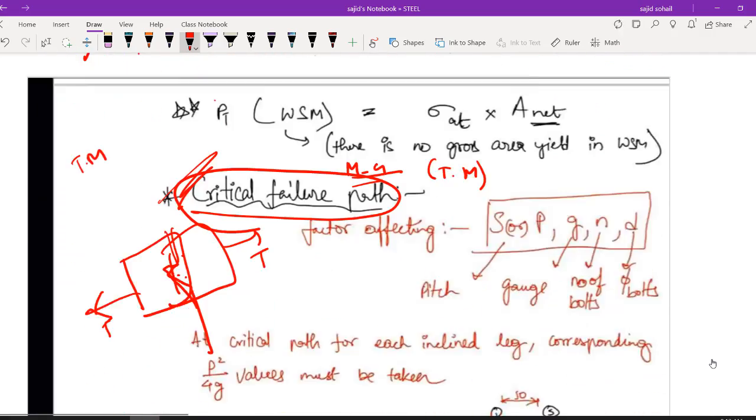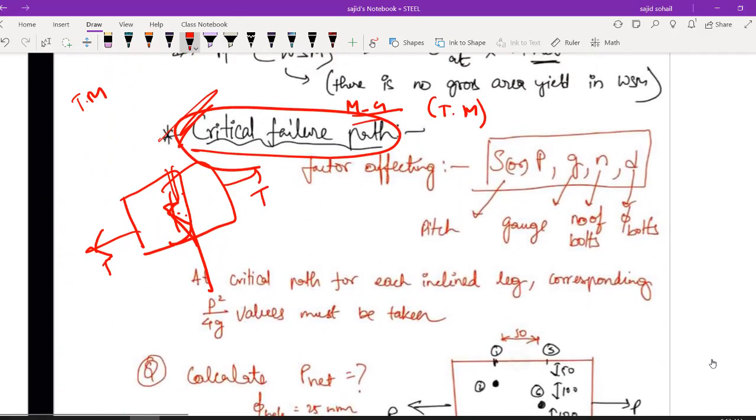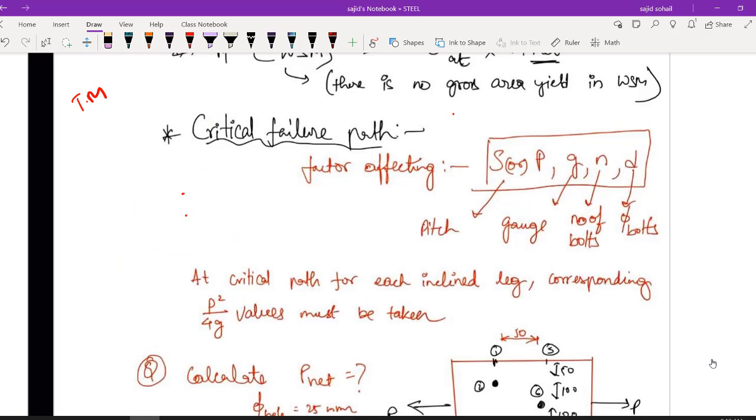Done. So let us come to this important topic, which is critical failure path. What are the various factors which are affecting your critical failure path? One is pitch, the second is gauge, sorry, S or P. This represents pitch. Generally you will represent it as P in easy language, but in any standard textbook it will be represented as S. I am leaving it to you.